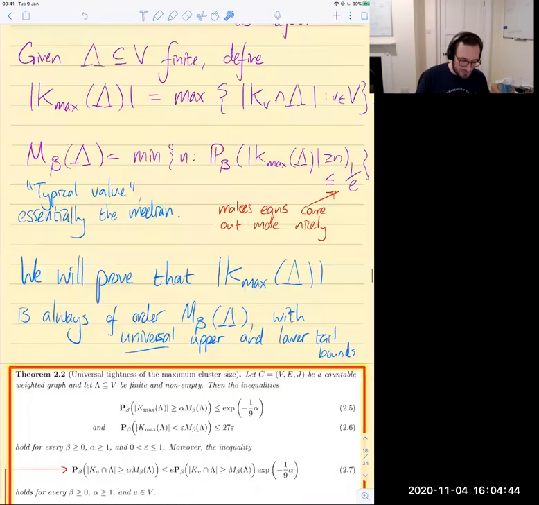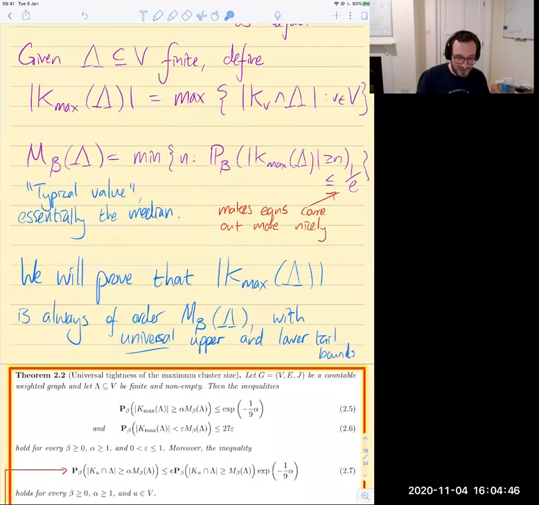To make the notation cleaner, instead of using the median, I'll use something like the median, but with 1 over e instead of a half. You can think of this as the median. I'll call it the typical value. So the typical value of this random variable is defined to be the minimal value of n such that the probability that this random variable is bigger than n is smaller than 1 over e.